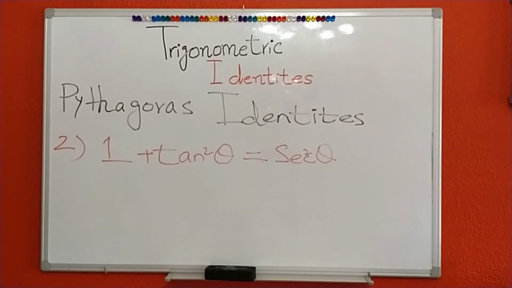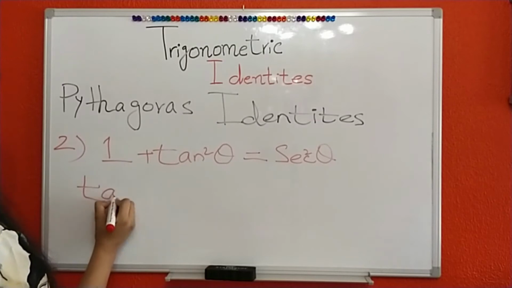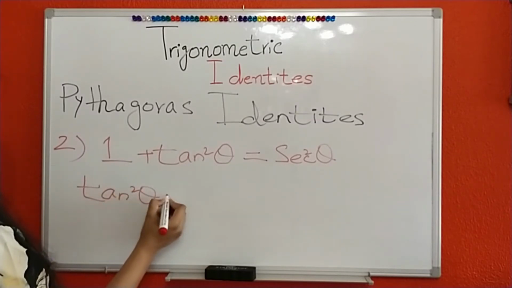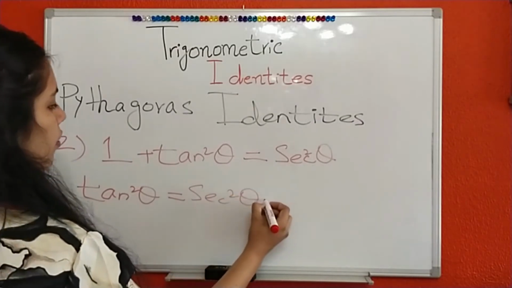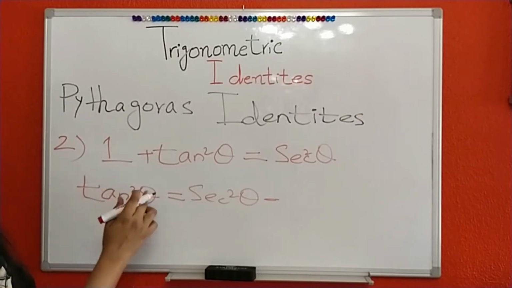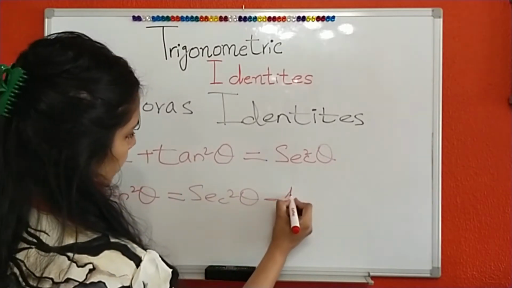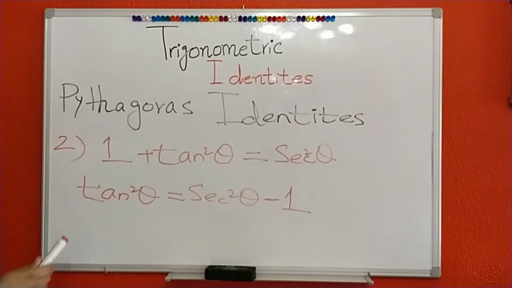If we want to find the formula for tangent²θ, what will we do? Simply we just shift the one on the other side, like secant²θ minus 1, because the one here has positive sign and now the sign is converted into negative sign. So the formula for tangent²θ is equal to secant² minus 1.